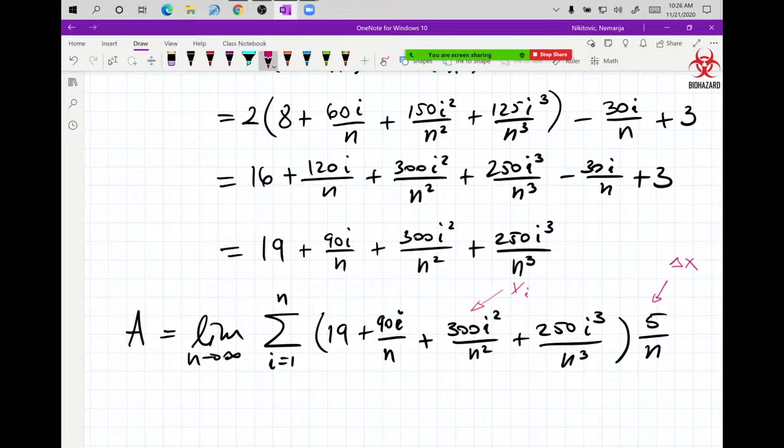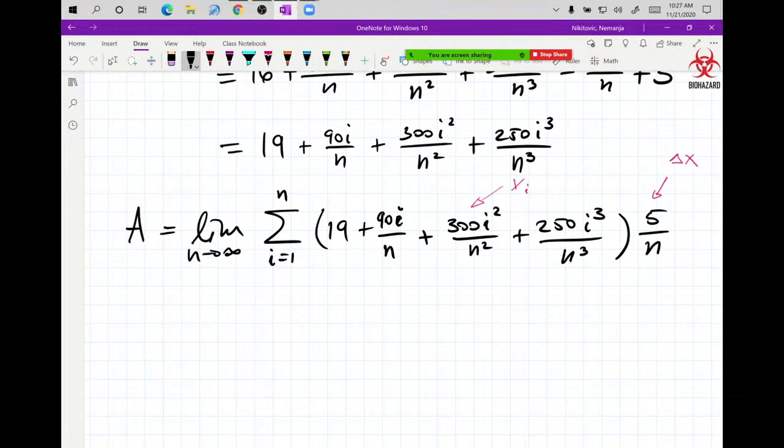So you can distribute 5 over n, give summation to each one of them, use the formulas from the book to compute sums, and then take the limit, you're done. Yeah, it's very structured, right? When you get a hang of it, it becomes a joke. Like, it's more annoying to write it out than to actually do it, but again, it takes time to get there.